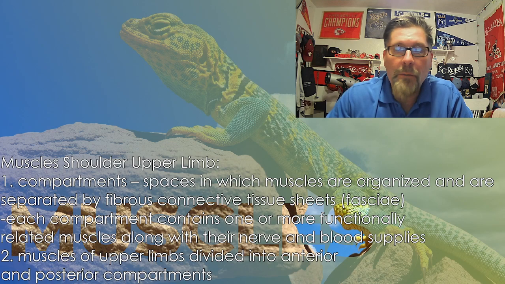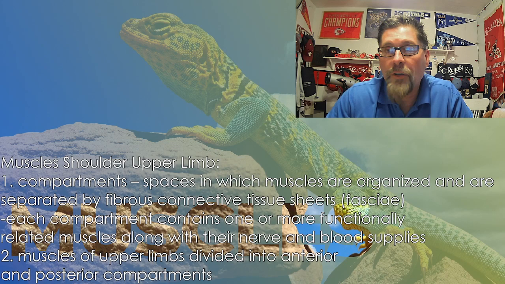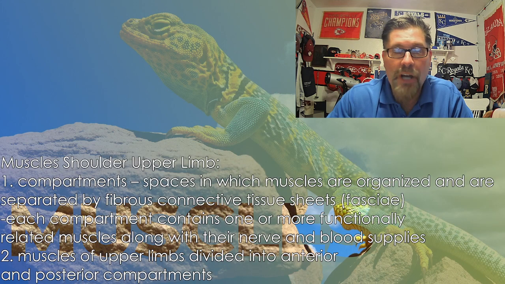In talking about muscles of the upper limb, the first thing we want to establish is that they're not truly sectioned off, but they do come in what we're going to call compartments, because that's the name of the syndrome that we're going to eventually talk about. But certainly sections.